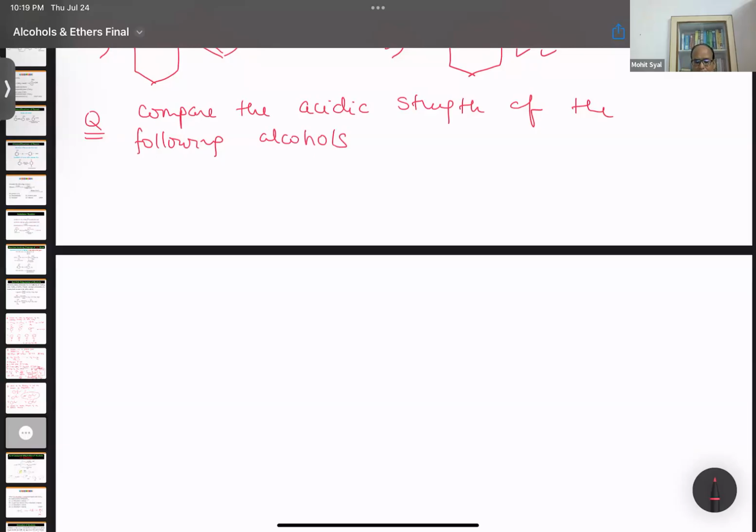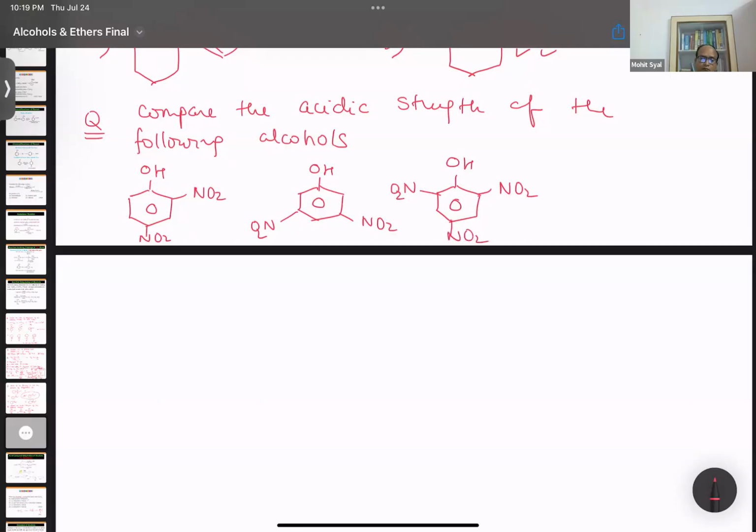We need to compare the acidic strength of P, Q, and R. So what is the decreasing order of acidic strength?